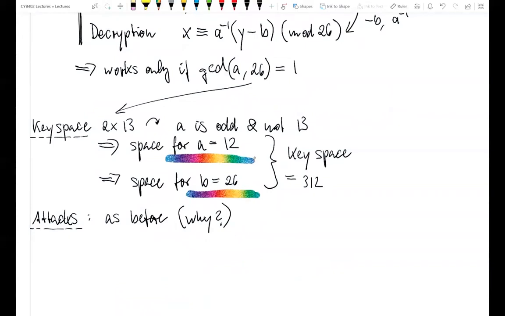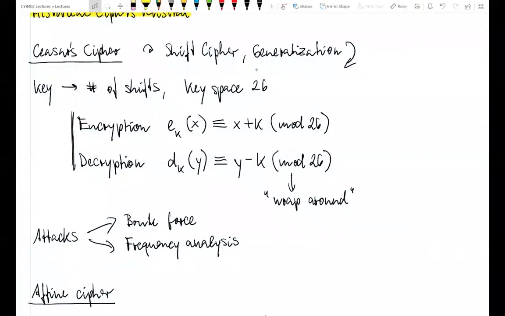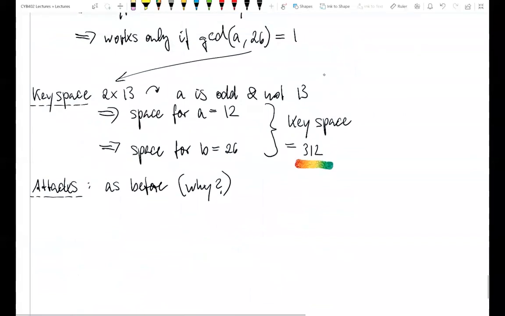So 26 times 12 is 312. This is really the key space that we have. So it's better than 25 compared to the Caesar cipher above, but it's still ridiculously small given today's capabilities of computers. In other words, the brute force attack is still a viable way to attack the cipher.